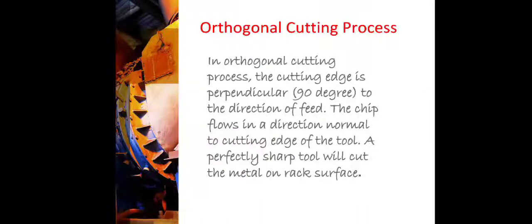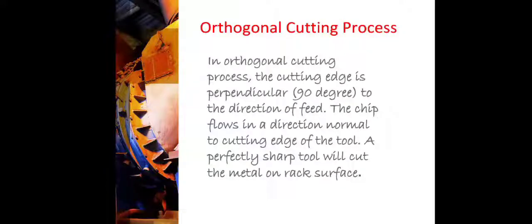The orthogonal cutting process is a process where the cutting edge is perpendicular, or 90 degrees, to the direction of feed. The chip flows in a direction normal to the cutting edge of the tool.